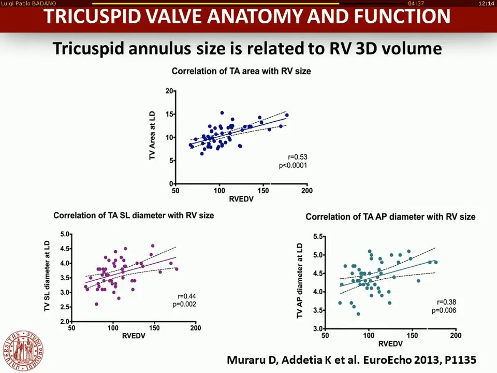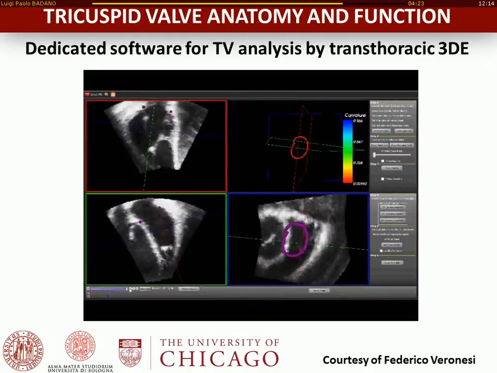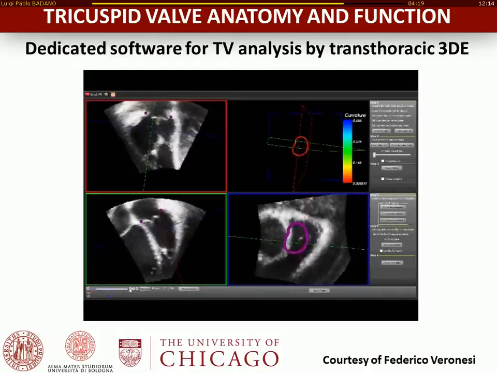However, measuring all these diameters and areas frame by frame throughout the cardiac cycle is just good for science, but cannot be applied in clinical practice. And so we need software that is able to make a dynamic quantitation of the tricuspid annulus.